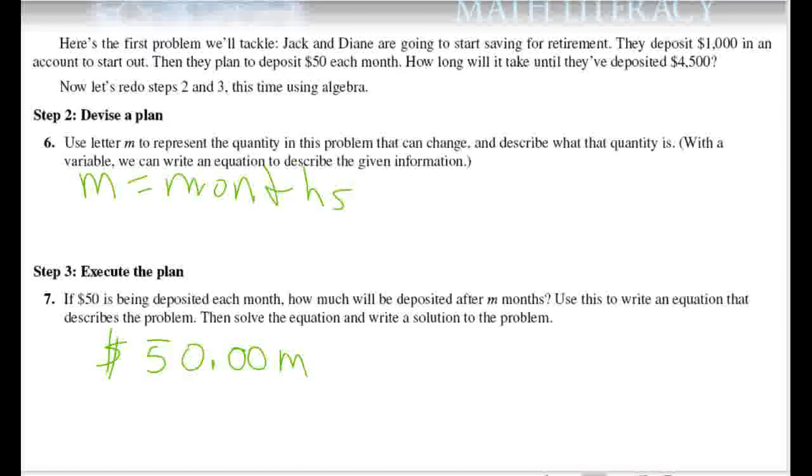Use this to write an equation that describes the problem. So 50M, to calculate the amount in the account, I'll take 50 times M, and I'll add the 1,000 that I started with.